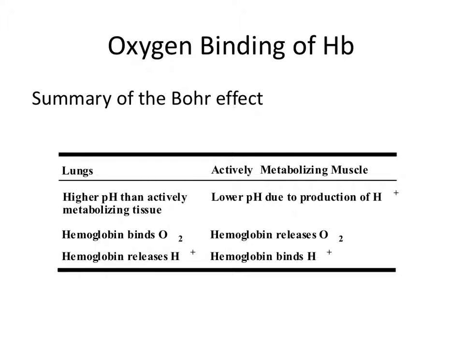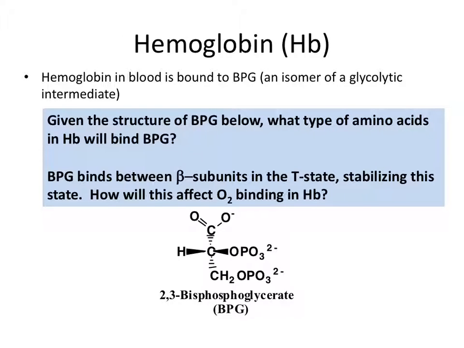All right. So also, I kind of went over a little bit of this. You're going to see the phosphoglycerate derivatives a lot. Typically, if you're healthy, hemoglobin in your blood is going to be bound to BPG. BPG, what is it? You may not understand the term glycolytic intermediate. What does glycolytic mean?